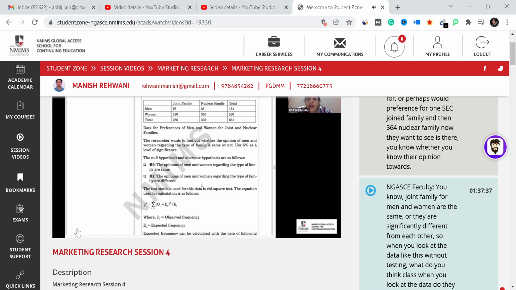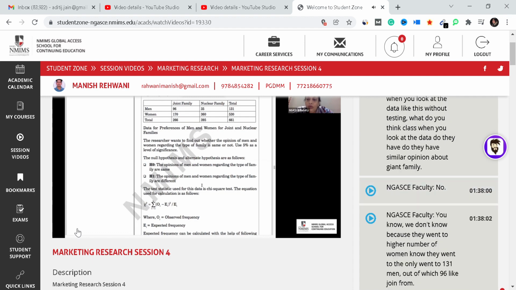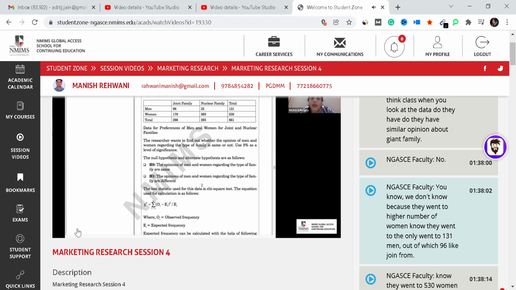So when you look at the data like this without testing, what do you think, class? When you look at the data, do they have similar opinion about joint family? No. We don't know, because they went to higher number of women, no?